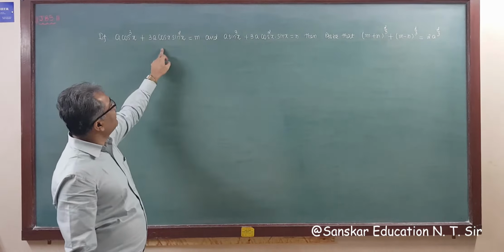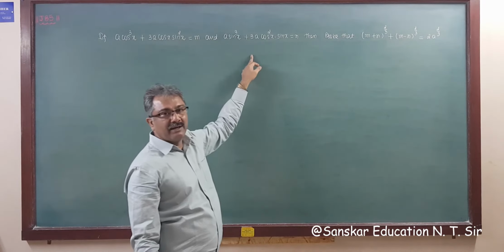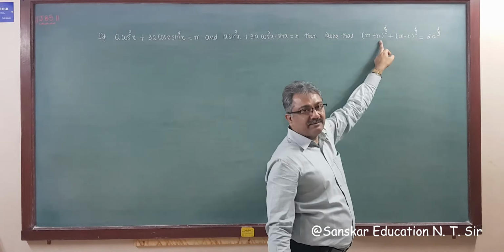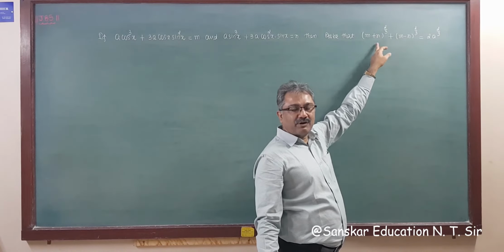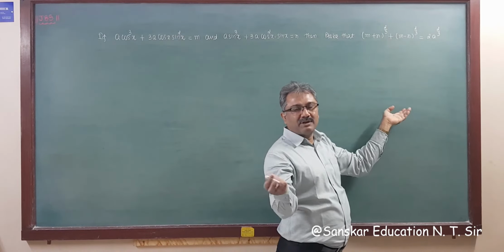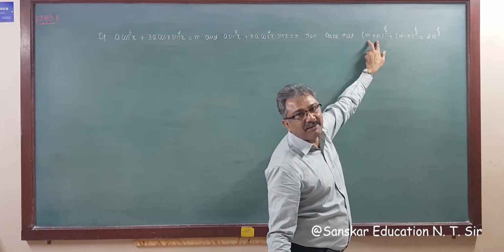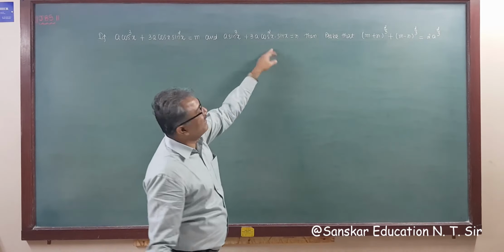So it is given this is m and this is n, and we require m plus n. So this is given, this we want, and for that what can we do? For getting this m plus n, we have to add this m and n.